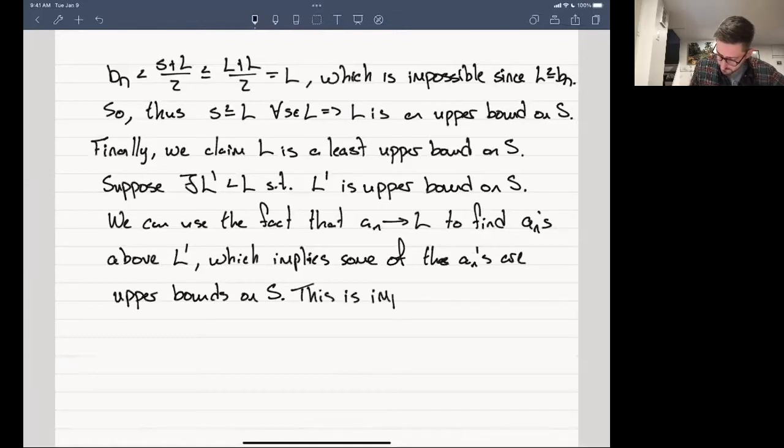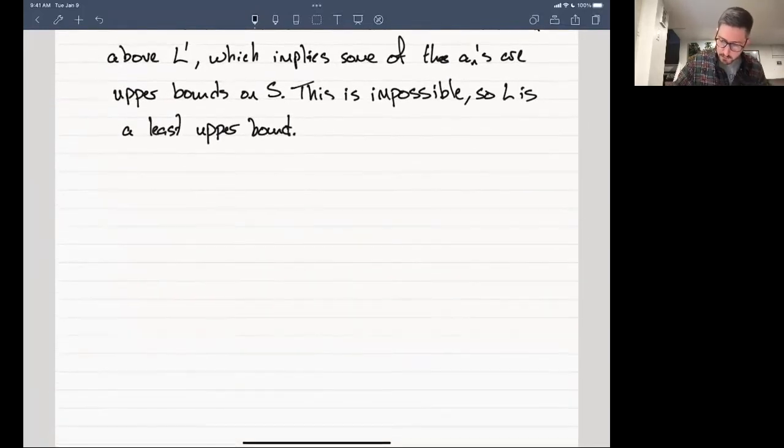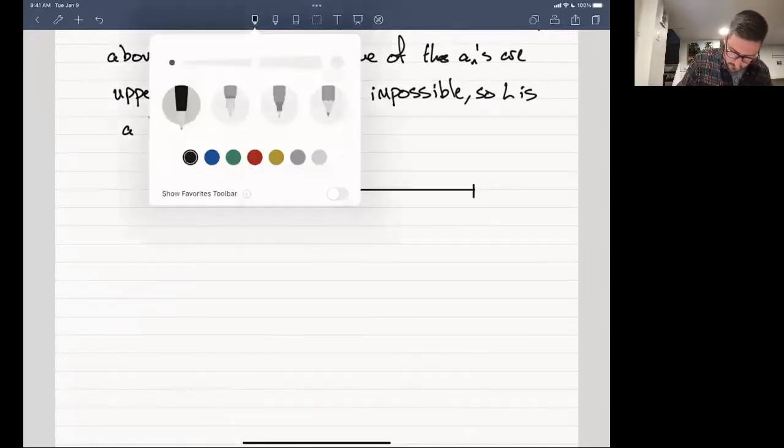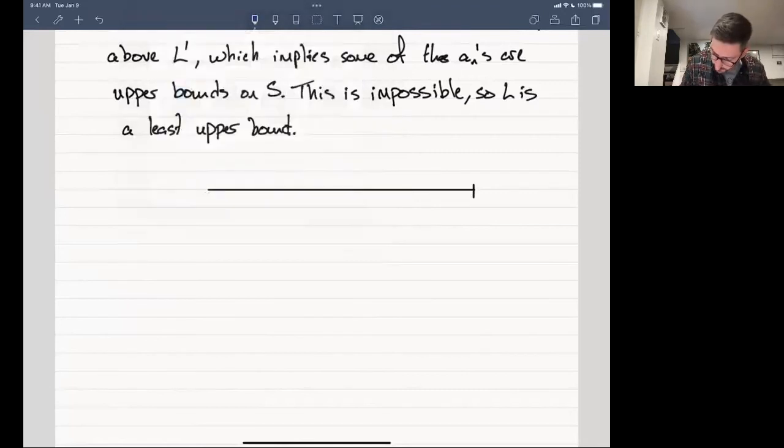So L is a least upper bound. Let me draw a picture so that everybody knows what's going on here. Here is my value of L at the very right of my line.